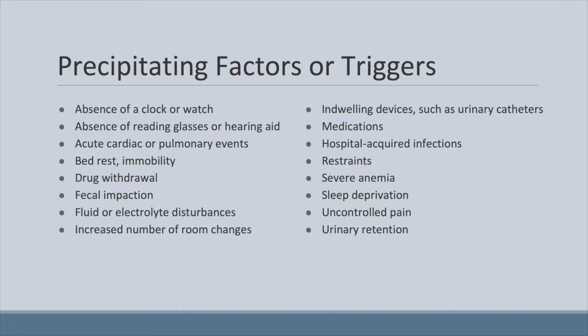Examples of triggers from our text and the Hartford Institute for Geriatric Nursing include absence of a clock or watch, absence of reading glasses or hearing aid, acute cardiac or pulmonary events, bed rest or immobility, drug withdrawal, fecal impaction, fluid or electrolyte disturbances, increased number of room changes, indwelling devices such as urinary catheters, medications, hospital-acquired infections, restraints, severe anemia, sleep deprivation, uncontrolled pain, or urinary retention.